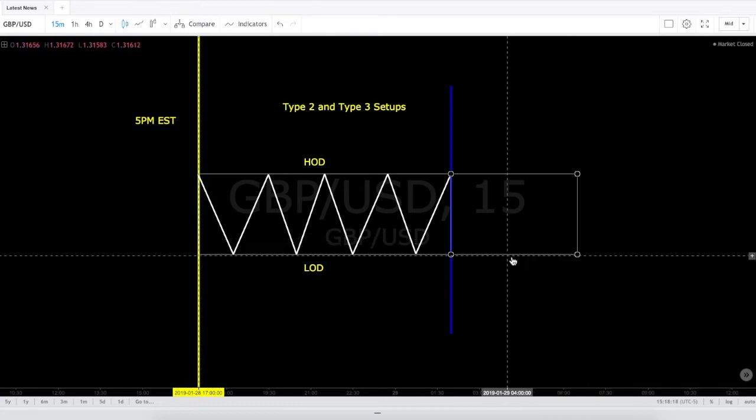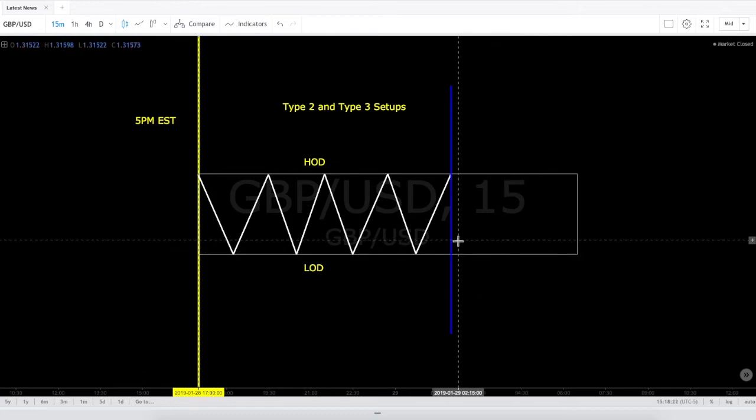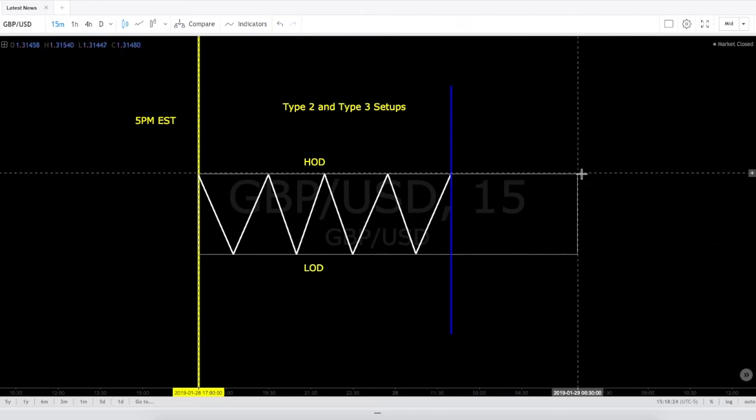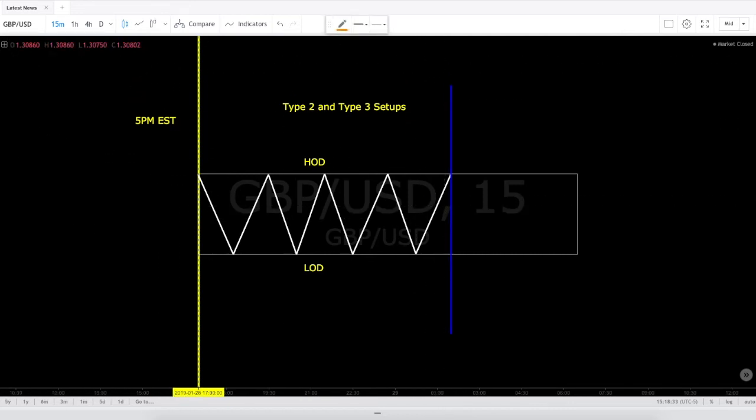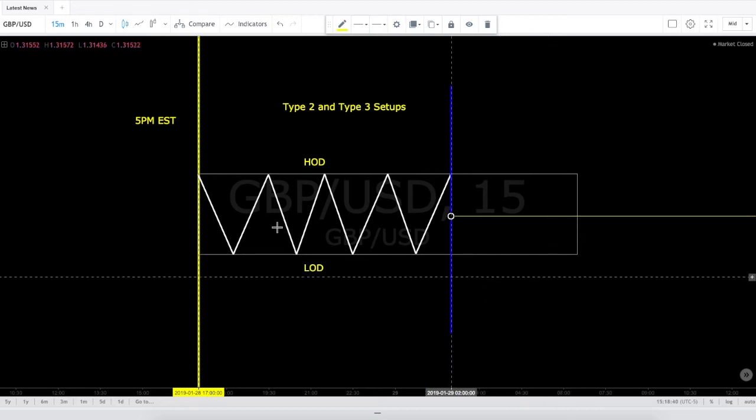All right. Now for a type 3 setup, the range actually is exactly the same, it goes up to 6:30 for a type 3 setup. The only difference to a type 3 setup is that we're looking for price to develop in the middle of the Asian range, right?